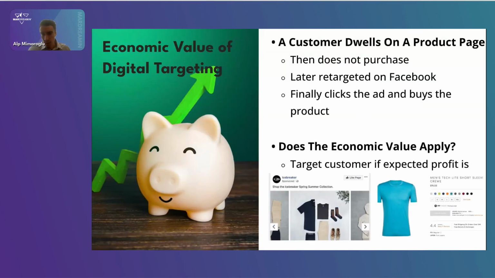So a customer sees your product page, you retarget them on Facebook, they click the ad, they don't purchase, they come back a couple days later, they click the ad, then they purchase. Did the Facebook ad really cause it? Because I see the click, I have conversion tracking, and now Google Ads or Facebook is saying, hey, this person clicked and bought, and they're putting a dollar amount there.